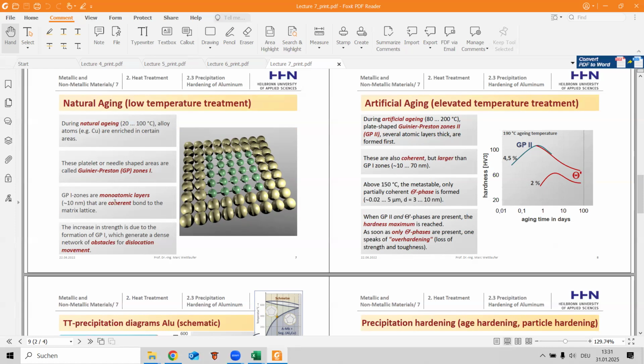GP1 zones are monoatomic layers less than 10 nanometers that are coherent to the matrix lattice. The increase in strength comes from zone 1, which generates the instant force levels of dislocation.